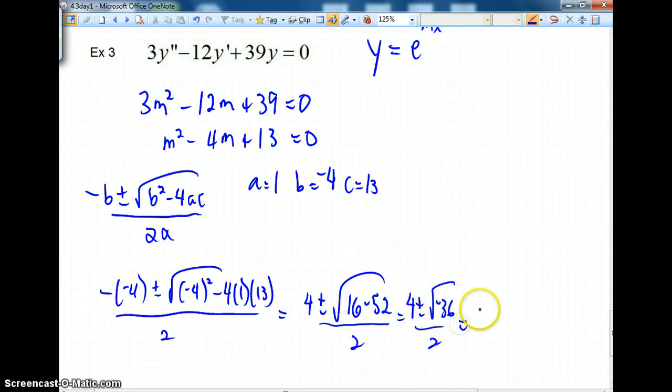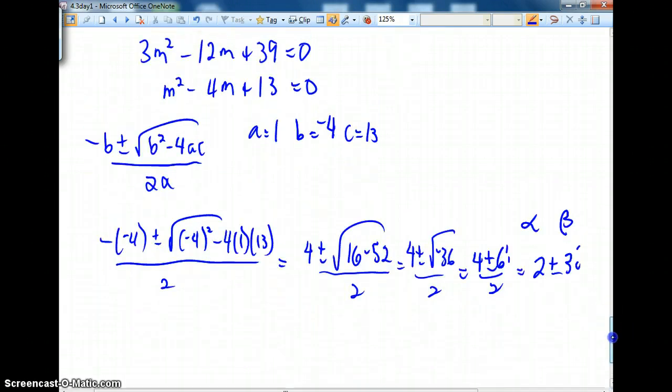But the square root of -36 is 6i. Divide by 2, and you'd get 2 plus or minus 3i. This is your alpha, this is your beta. So alpha is equal to 2, and beta is equal to 3.